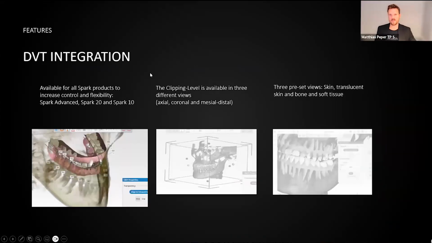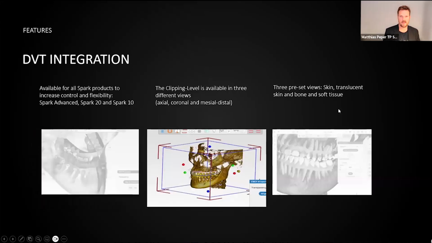Yes, then what you can see here on the left side, CBCT integration available for all Spark products to increase control and flexibility. Of course, for Spark Advanced, Spark 20, Spark 10, for all these different cases. Then the clipping level is available in 3 different views, and that's really helpful. So axial, coronal, and also mesial distal.